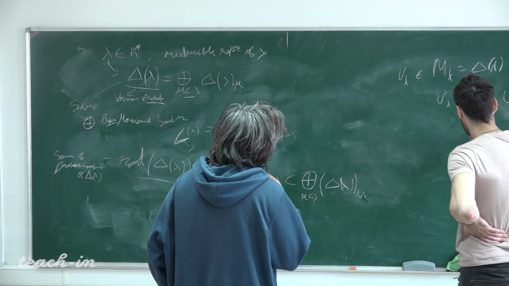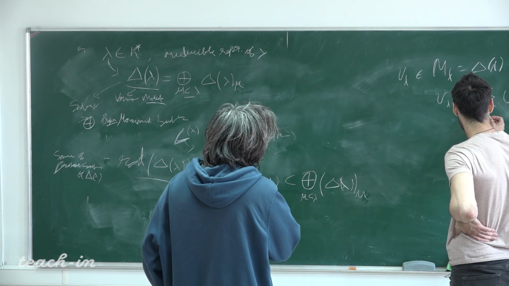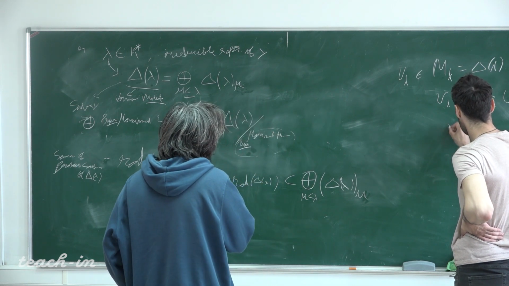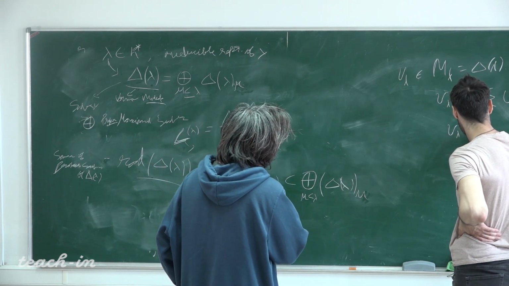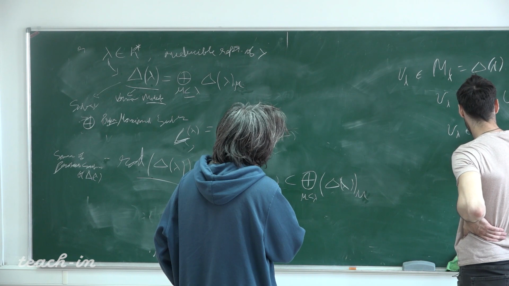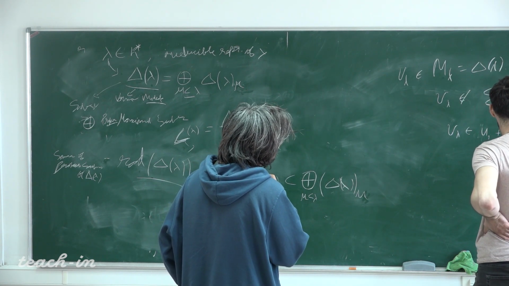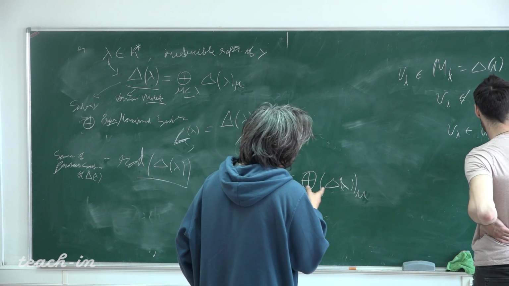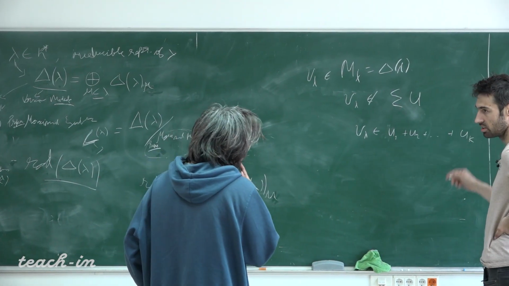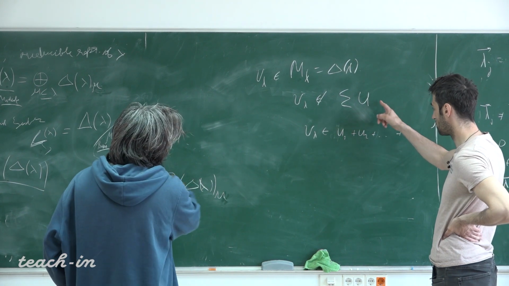So it means that v lambda is not a sum of u1 plus u2 plus so on plus uk, for some elements in proper submodules.